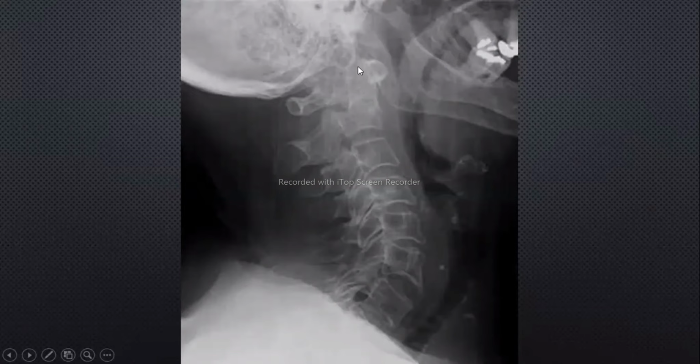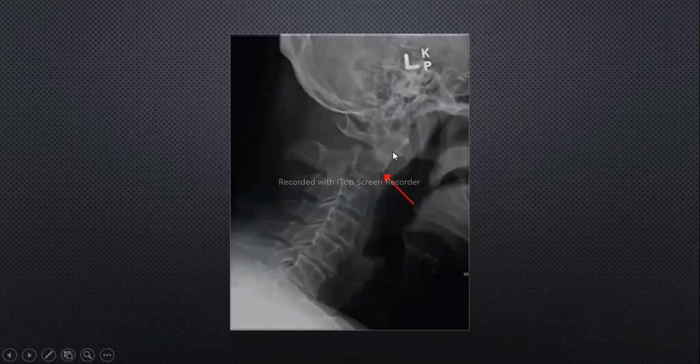So it's a dens fracture. This part should be here. So it's a dens fracture of C2. This one is clear. Can you see this border? Yes, C2. The peg is not matching with this border. So this is anterior displacement of the dens.